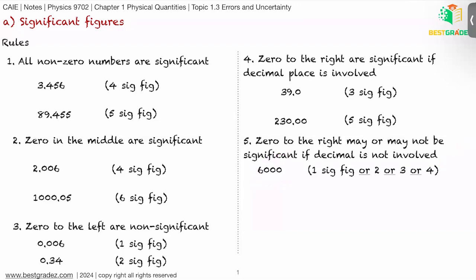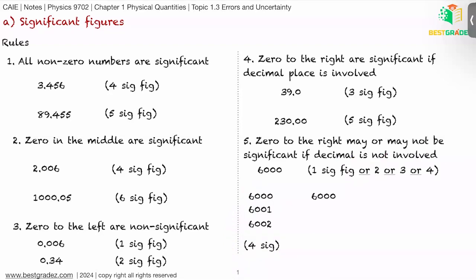But if extra information is given, now hear me out on this one. If this is an electronic balance, for example, and this balance can measure the values throughout for all the zeros, they can change, which means the first value is 6,000, then we have 6,001, 6,002, and so on. It means this zero is important and it can change. So in this case, it will be 4 significant figures. But if extra information is not given, then all the values are acceptable.